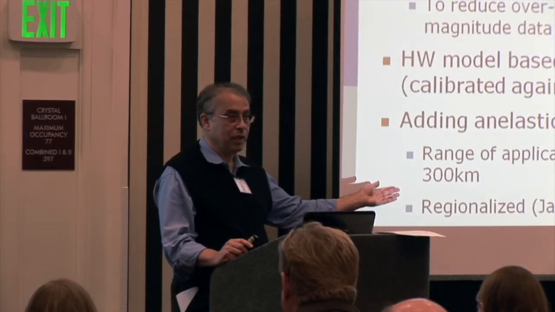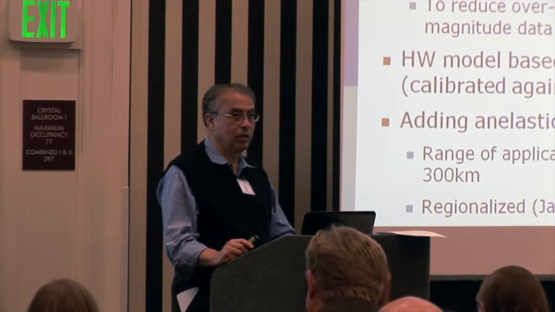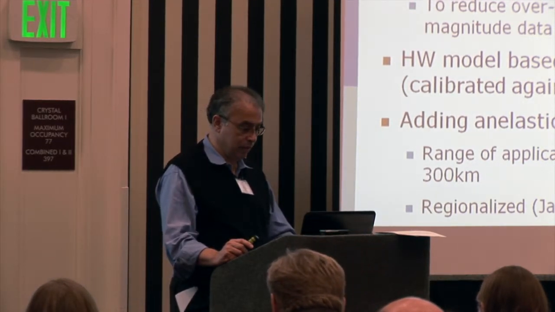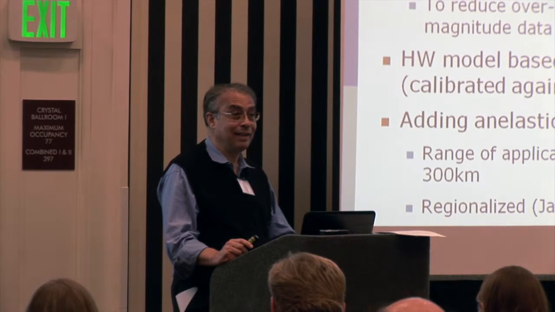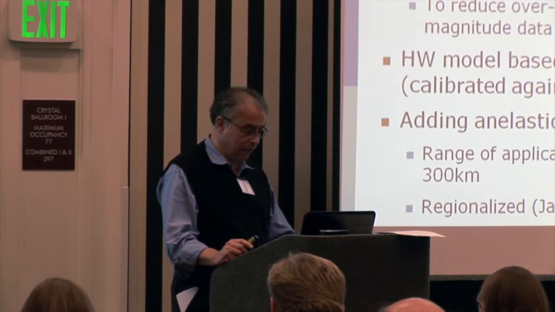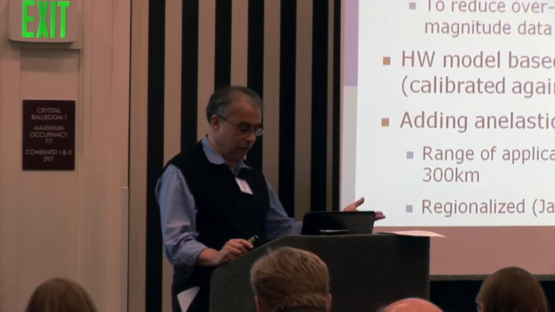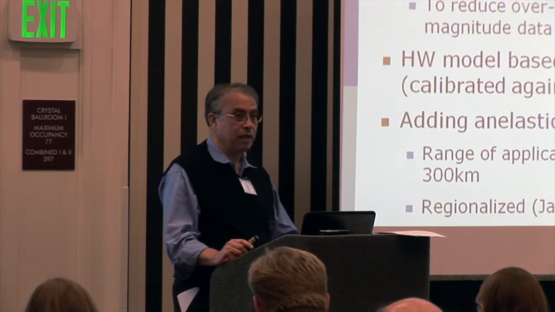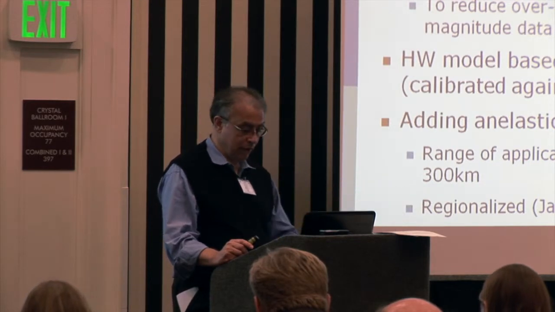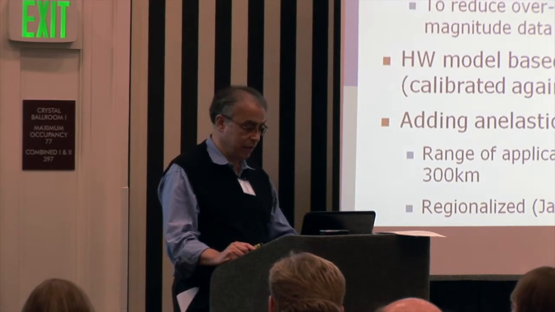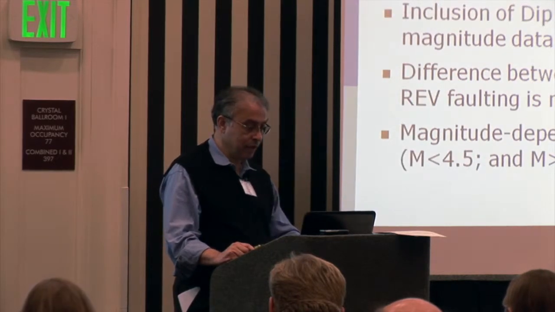We added, as I mentioned, anelastic attenuation, so now we go to 300 kilometers. We added the data up to 500 kilometers, but based on the analysis of the residuals, we are comfortable to say 300 kilometers. And also, because now we have lots of data from different parts of the world, we could regionalize Japan and Italy in one package and China in a separate package related to anelastic attenuation.